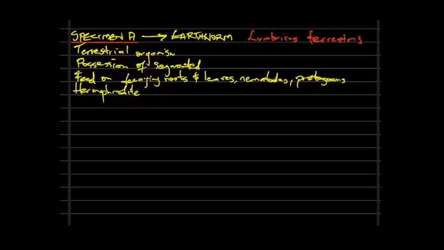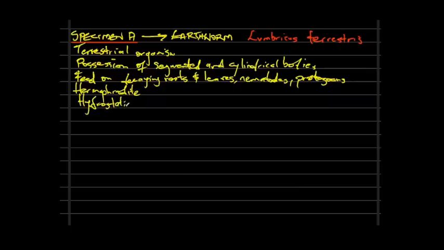So the characteristics now: they have long, cylindrical and segmented bodies. So that is one of the characteristics. They also have a hydrostatic skeleton. That is another very important one that we need to know. The type of skeleton they have is not exoskeleton, nor is it endoskeleton.